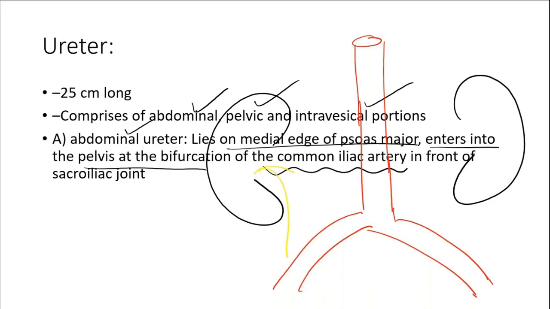So at the bifurcation of common iliac artery, the ureter will enter at this point, at the bifurcation of common iliac artery in front of sacroiliac joint.